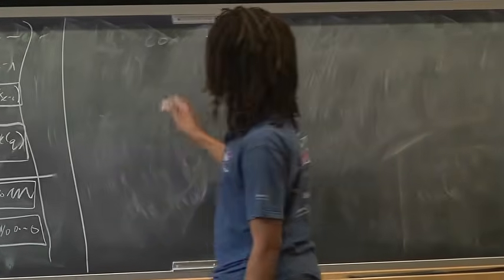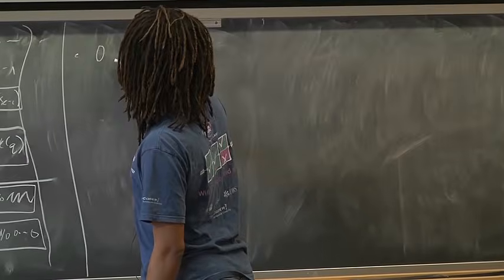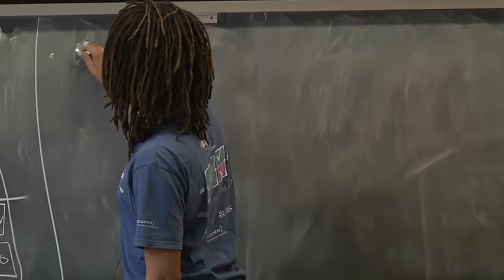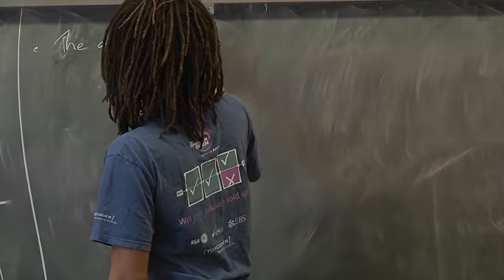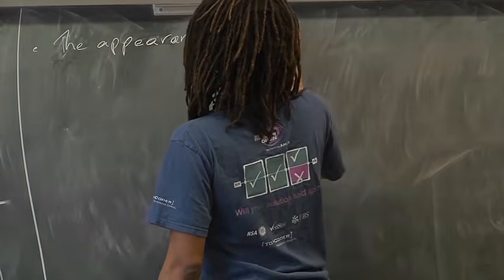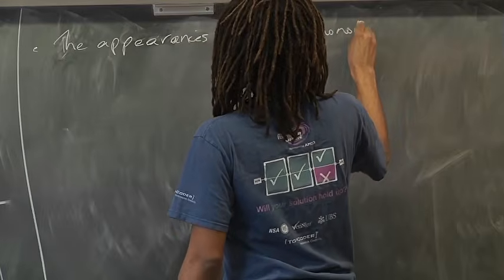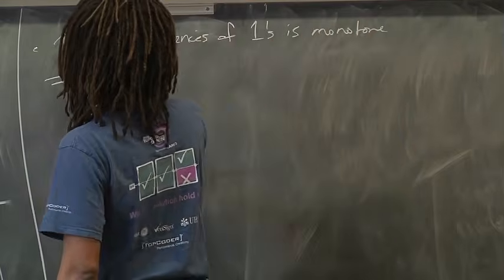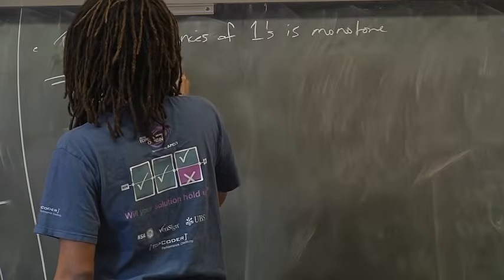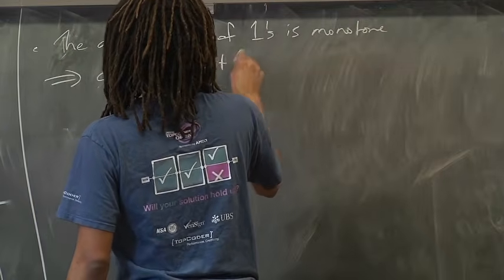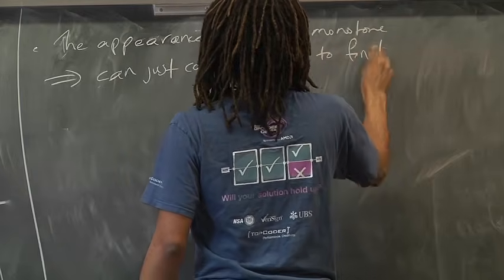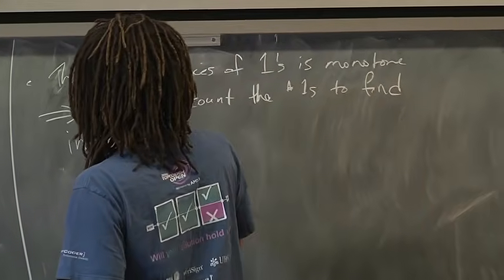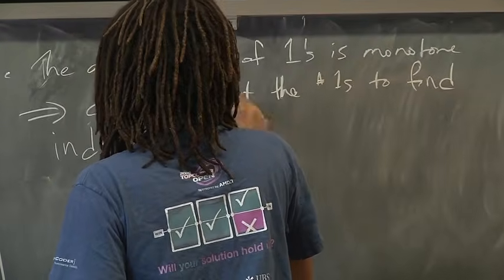So the appearance of ones is monotone, and that implies we can just count the number of ones to find the index of the first one.